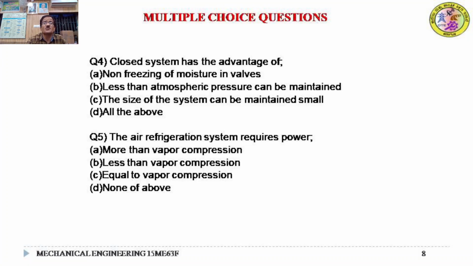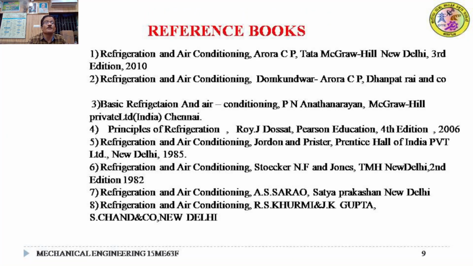So all the above must be the answer. Question 5. The air refrigeration system requires power more than vapor compression, less than vapor compression, equal to vapor compression, none of the above. From our earlier discussion, it is clear that air refrigeration takes more power. Therefore the answer is option A, more than vapor compression.